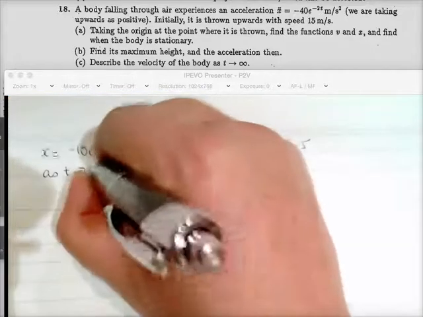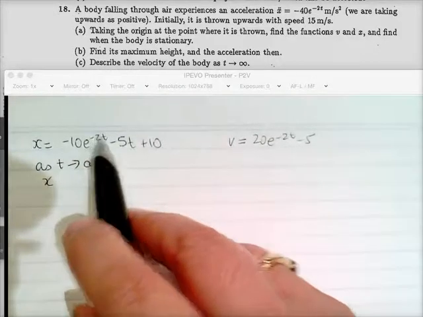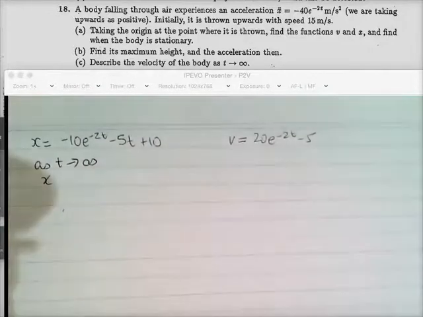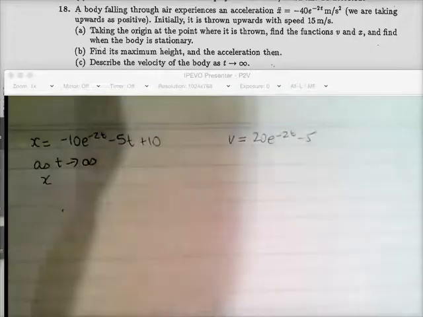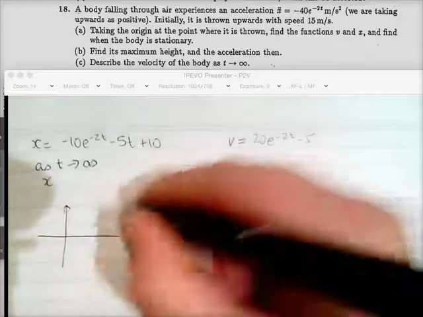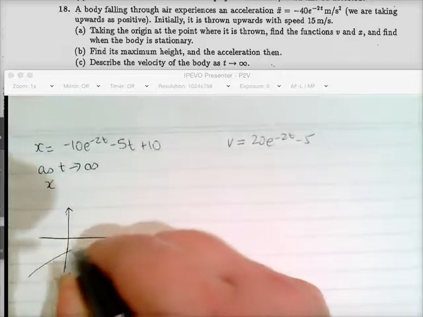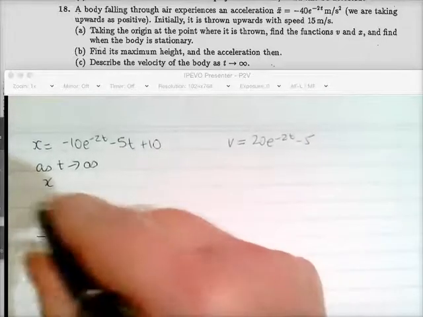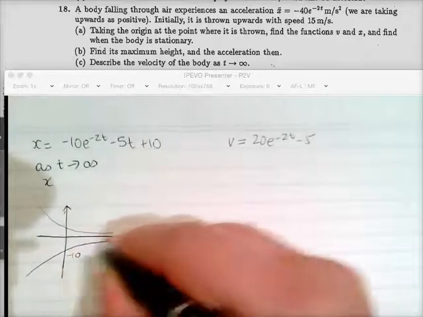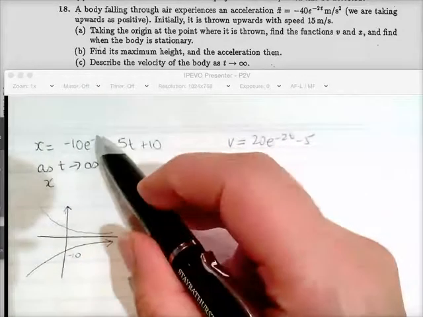As t gets very large, or t approaches infinity, x will approach, now negative 10 e to the negative 2t, actually, you can just do it on your calculator if you want, but I think it will approach 0, because negative 10 e to the negative 2t looks like this. That would be negative 10 e to the negative 2t. So as t approaches infinity, that bit approaches 0.